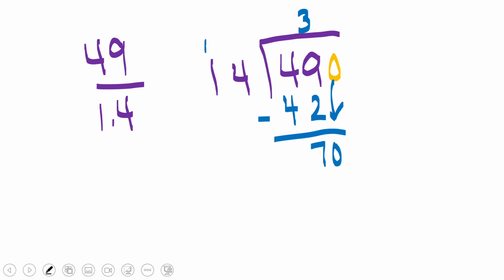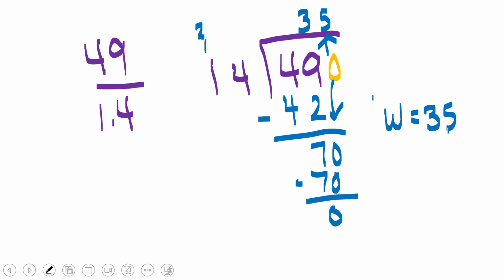We're going to bring down our 0. And we're going to say, when working above, 14 fits into 70 about 5 times. 5 times 4 is 20. Drop your 0, carry your 2. 5 times 1 plus 2 is 7. And there it ends. We are actually looking for the number, and so we've solved for the number for the whole, 35.